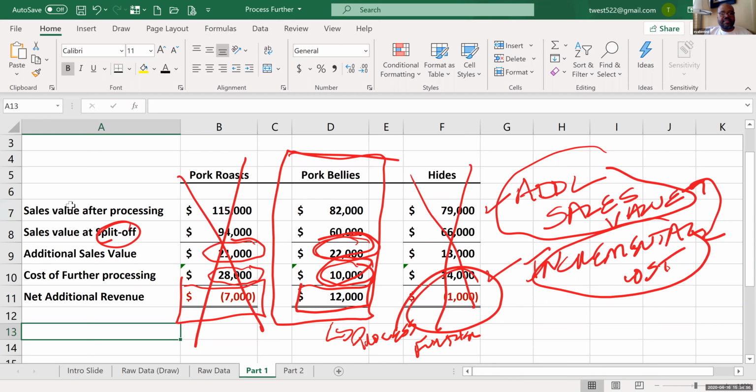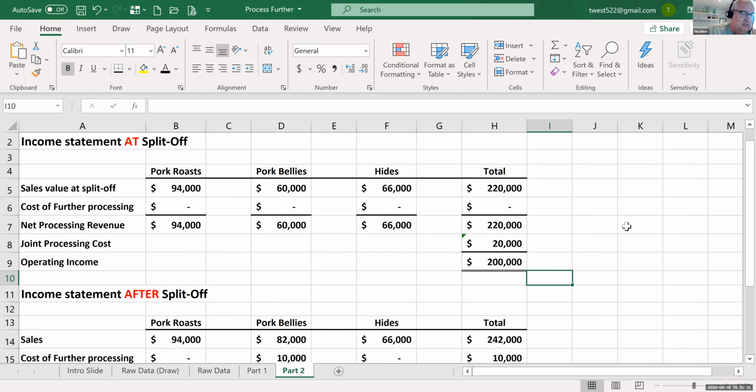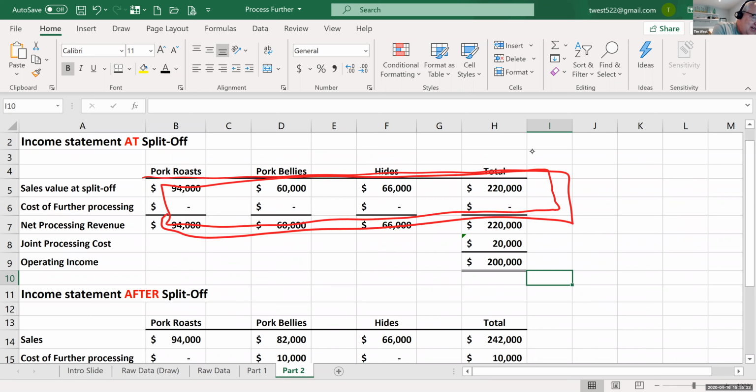So one of the ways I look at it, I tend to look at a lot of things through an income statement lens. So how about if we go back and think about this in terms of how my income statements would change in these two different situations? Sure. If I think about it as the original setup, we knew we could sell the pork roast and the pork bellies and the hides at this value.